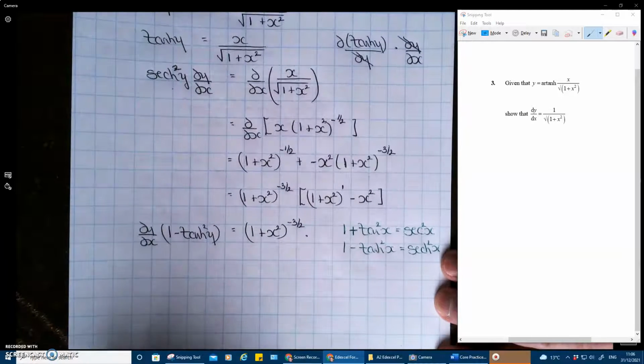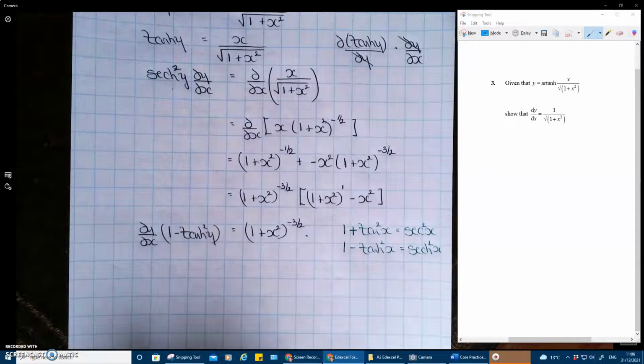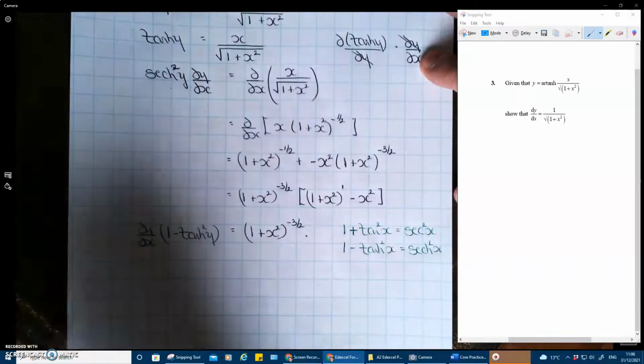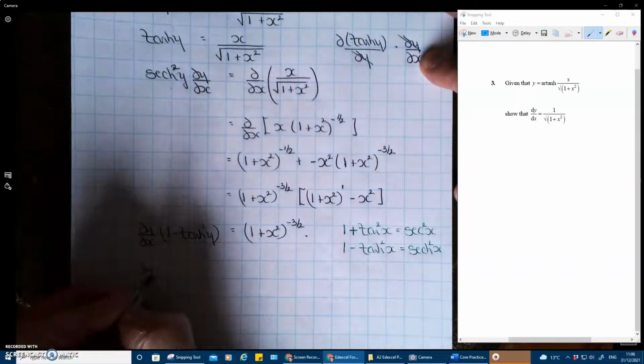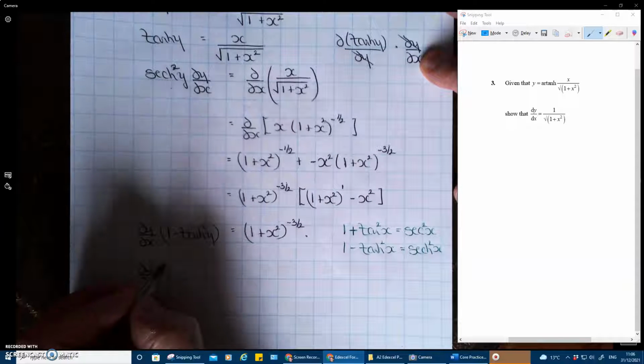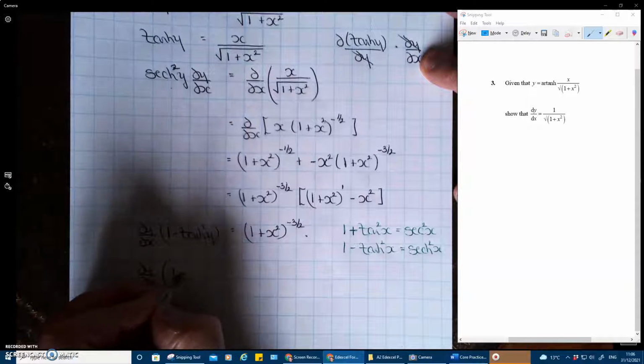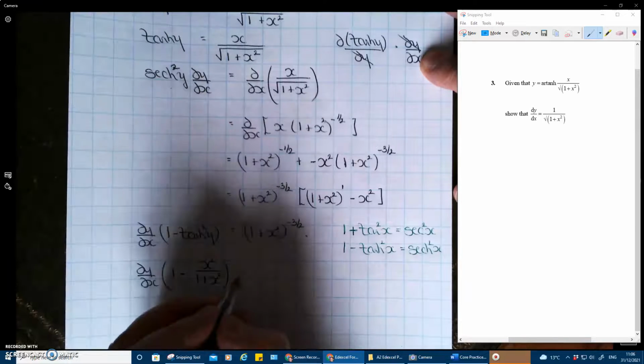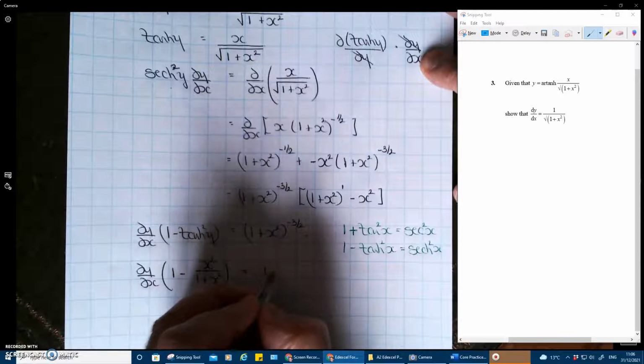So tanh squared, we know what tanh squared y is, because at the top we've got tanh y, so we've got dy by dx times 1 minus x squared over 1 plus x squared equals what we had from the right hand side.